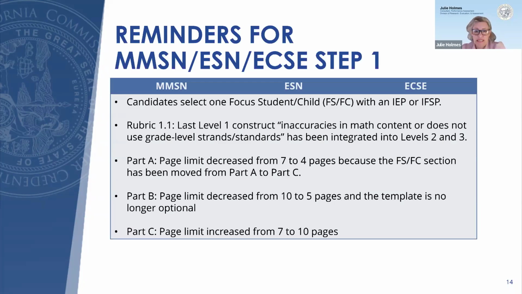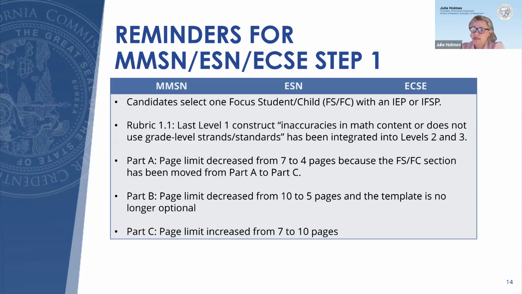In Part B, this is another big change. That's the math lesson plan template. And we've decreased from 10 to 5 pages because we've done some things. We've made some prompts more succinct. We've removed some things. And the template is no longer optional. Before, programs were allowed to have their candidates use their own Part B template, but there was a lot of misalignment and candidates weren't being prompted to fully answer all of the questions, and we noticed that it was impacting their scores.